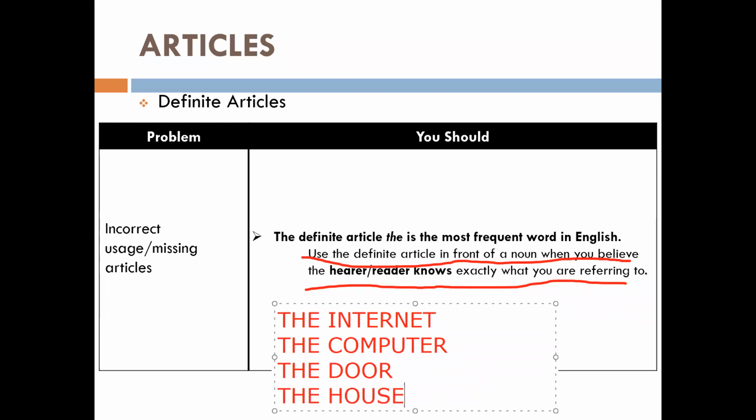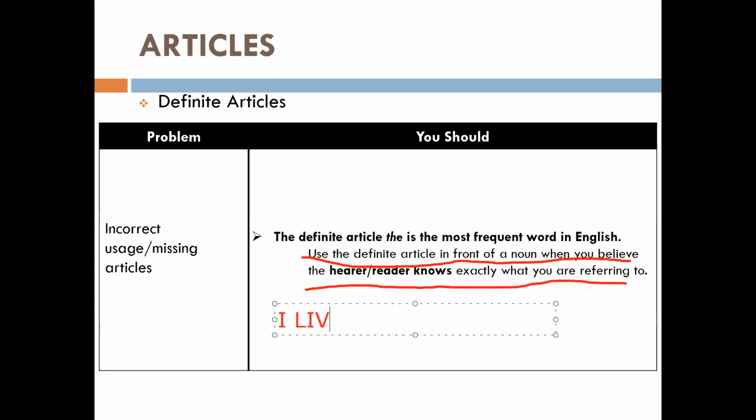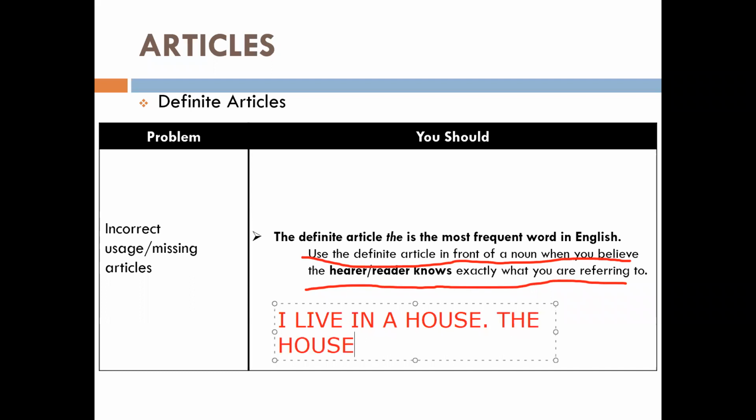So, ito yung clue, guys, sa paggamit ng article. The first time you are going to mention something, use article a. I live in a house. And when you're going to mention it again, use the article the. I live in a house. The house is 5 kilometers away from here.